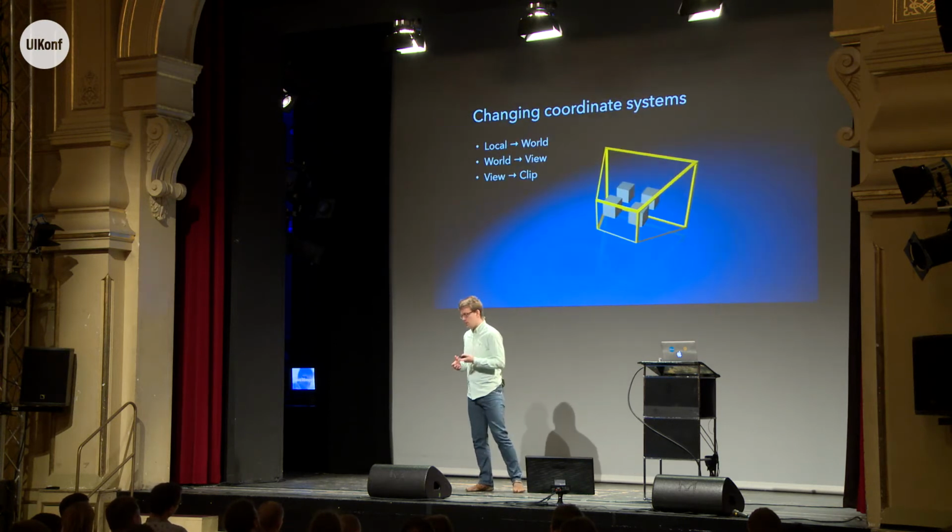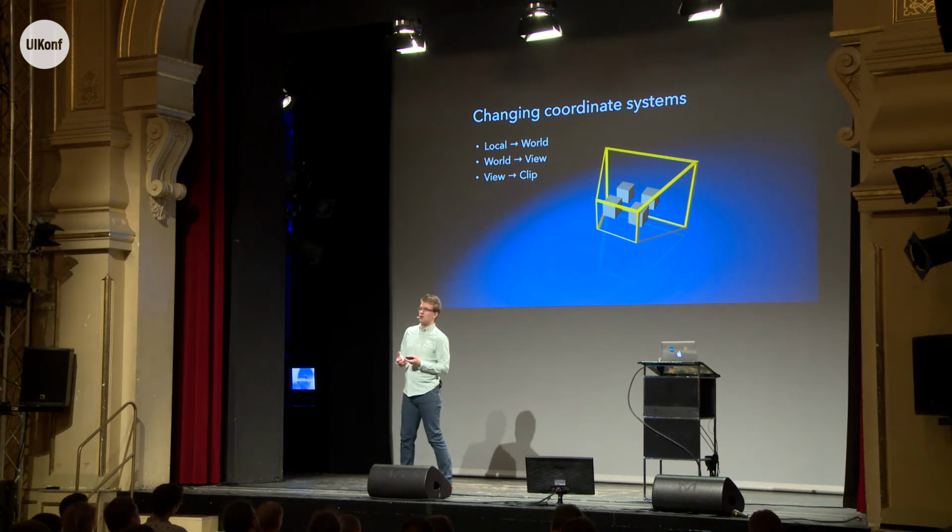Additionally, in the real world, objects that are further away from you will appear smaller. And this is called perspective. And to create the same effect in 3D graphics, we project all the points onto a plane. But this in itself won't really create the effect, but it will make preparations for the effect to happen later on.